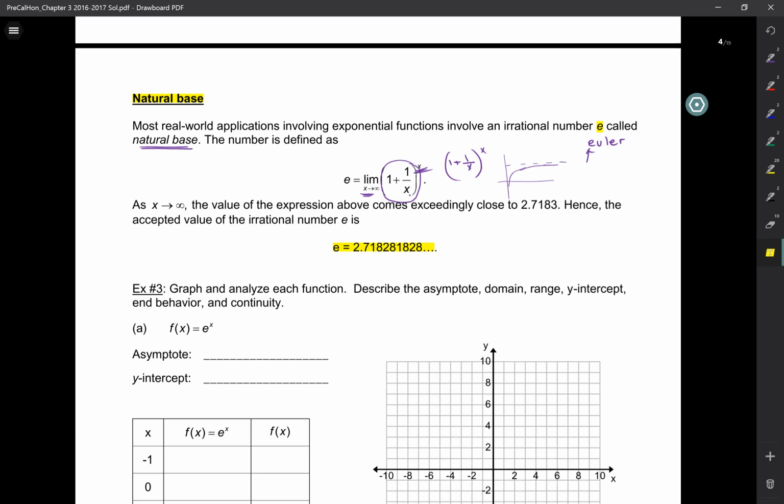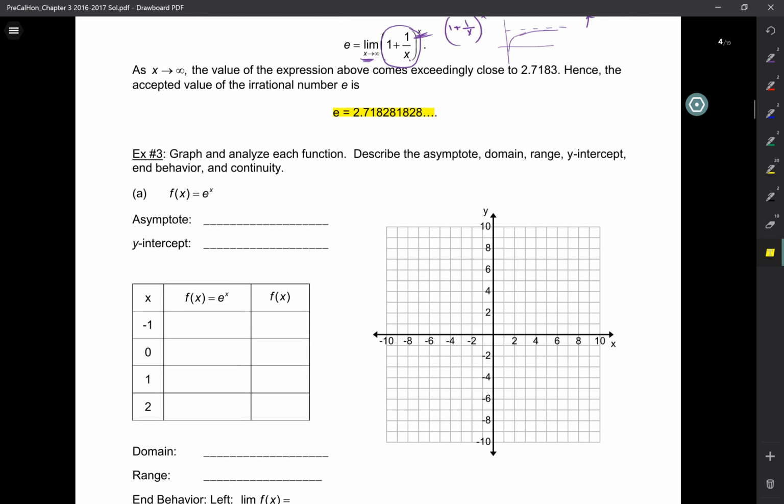All right, well, let's graph e to the x then. Whether you have 2 to the x, 3 to the x, or 2.7 to the x, your asymptote is still going to be the same. y equals 0. The y-intercept, well, this time it's e to the 0. It's still 1, so it's 0, 1. Now, is this growth or decay?